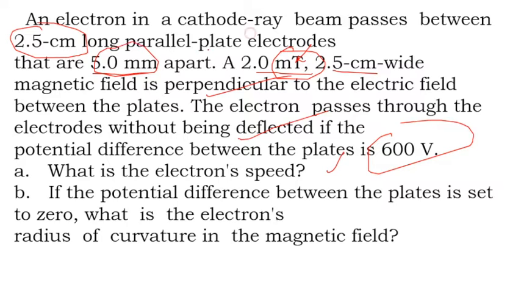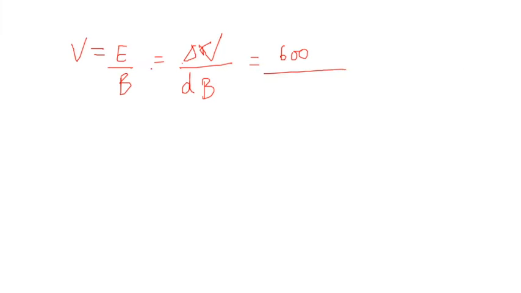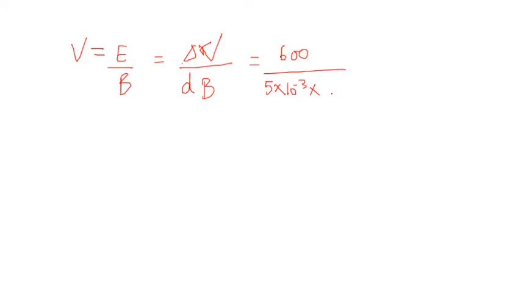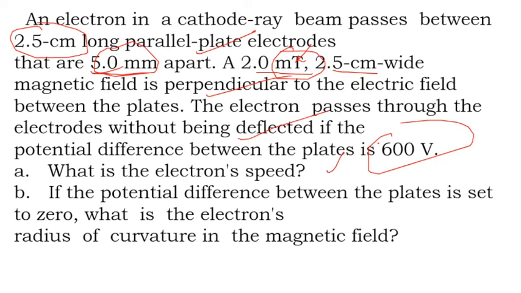The parallel plate electrodes are 5 millimeter apart, which is 5 into 10 to the power minus 3, into the magnetic field, which is 2 millitesla, so 2 into 10 to the power minus 3. When you solve this whole thing, you get 6 into 10 to the power 7 meter per second. So this is the velocity with which the electron will come out undeflected.